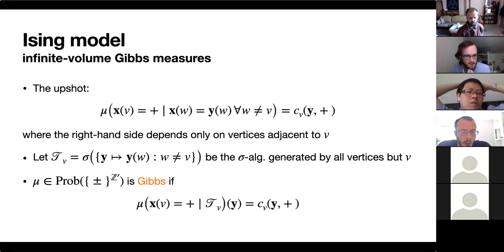And then we can say that a measure mu is Gibbs if this C function, as a function of Y, is a version of that conditional expectation. Actually, that equation should hold, and then also the equation with a minus should hold, a minus in both places where the plus is. And this should hold for every V. Sorry, missing a few quantifiers there.